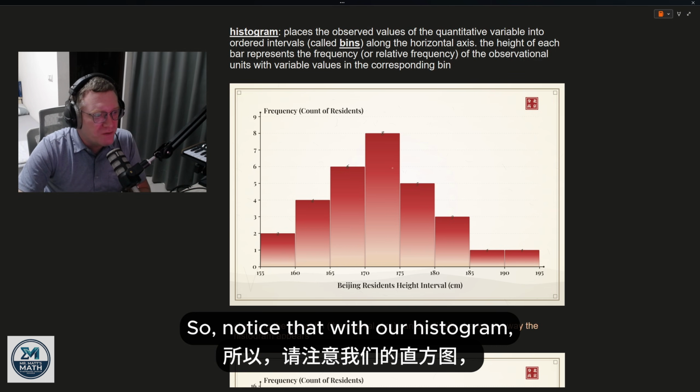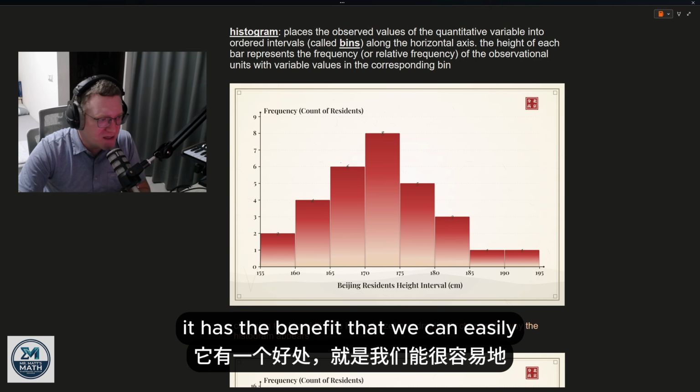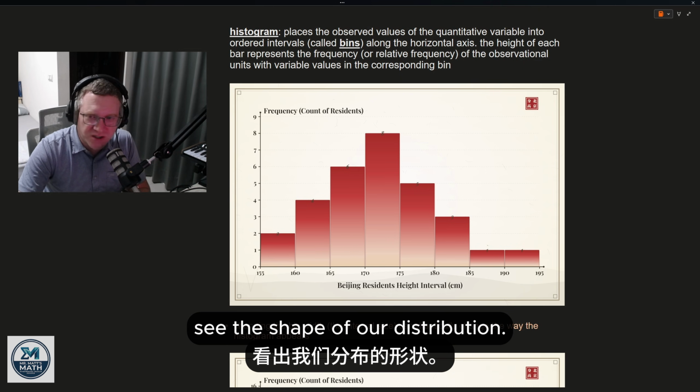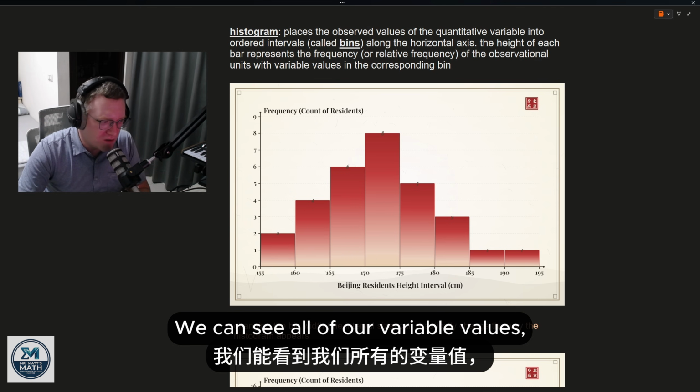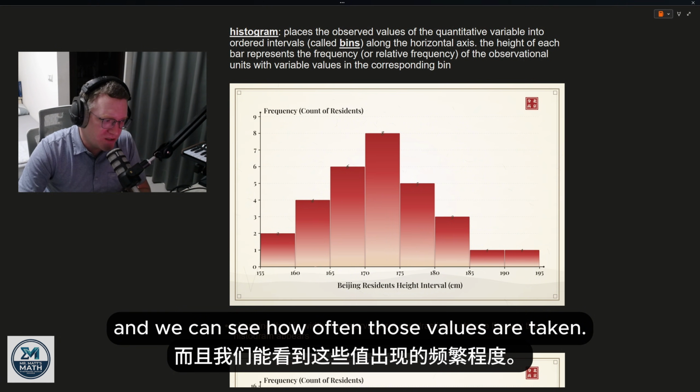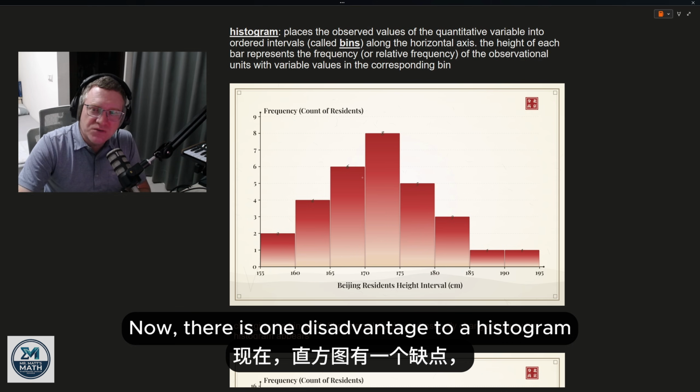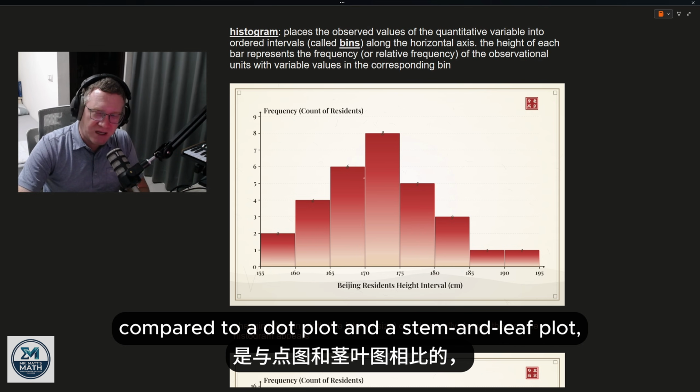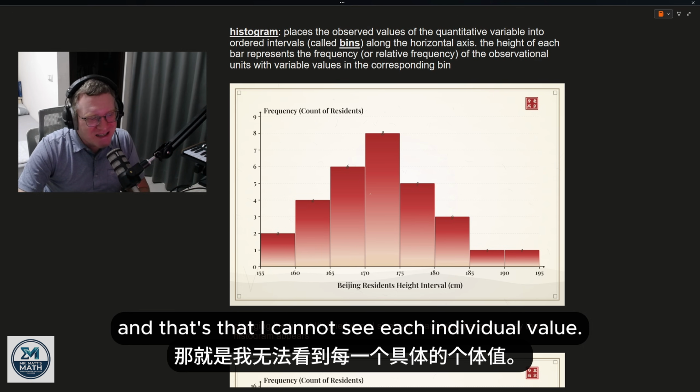So notice that with our histogram, it has the benefit that we can easily see the shape of our distribution. We can see all of our variable values, and we can see how often those values are taken. Now, there is one disadvantage to a histogram compared to a dot plot and a stem and leaf plot, and that's that I cannot see each individual value.